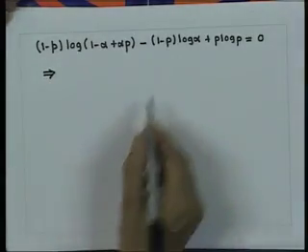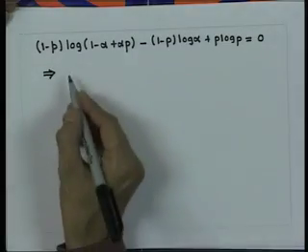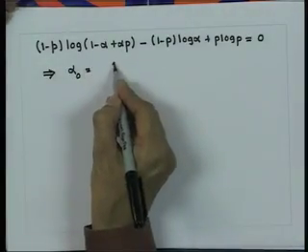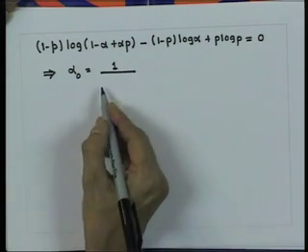On solving this for the optimum value of alpha, which we call alpha naught, we get the relationship as follows.